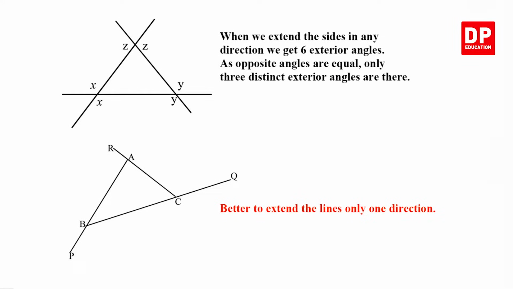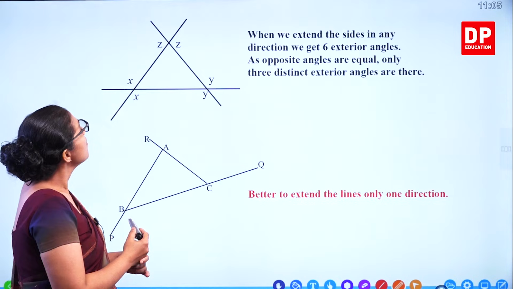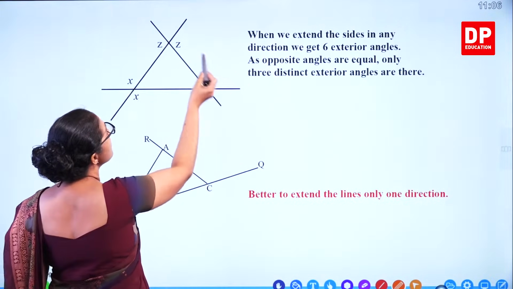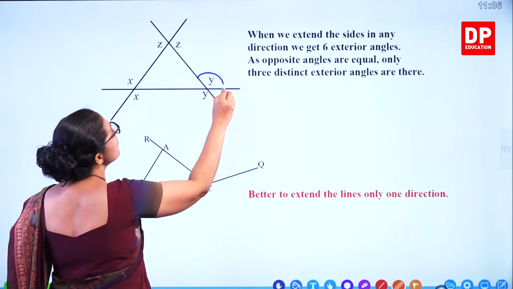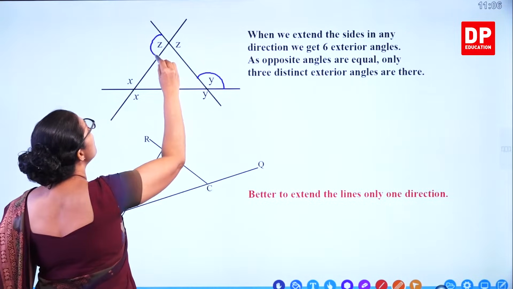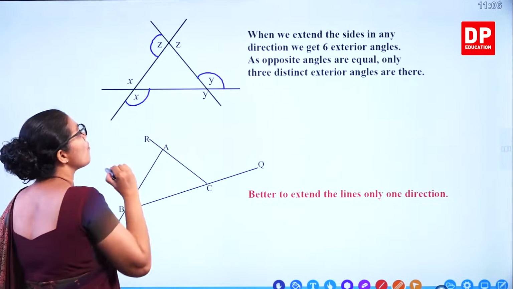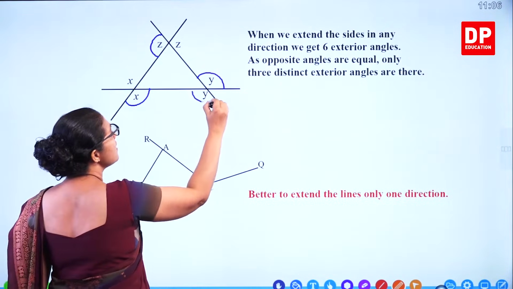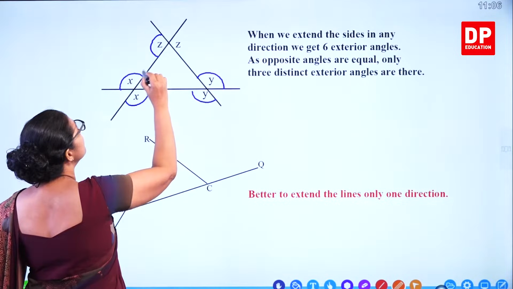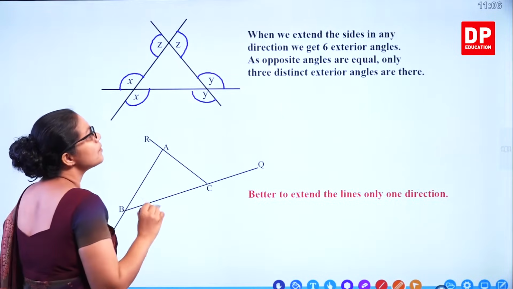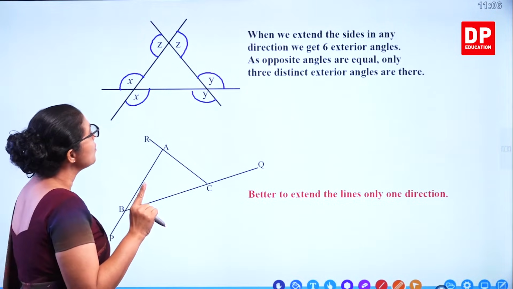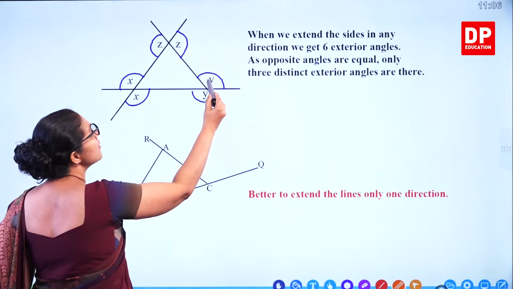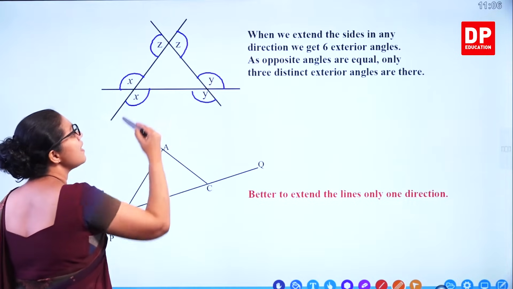Look at this diagram. This one is extended both ways. This way anti-clockwise, you get these angles. If you extend clockwise, you get these angles. Now, what can you say about these? Opposite angles are equal, so all these angles are equal.